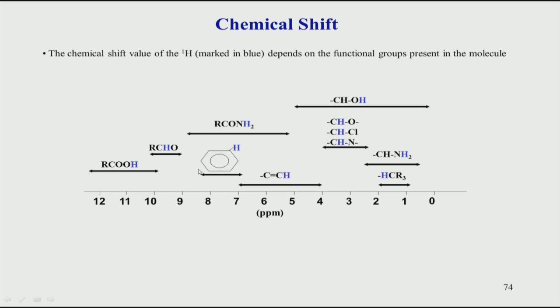So, looking at the peaks in these regimes in an NMR spectrum, one can very easily identify the different functional groups. This is only a limited set of functional groups which is shown here. As we go further, we will see more and more detailed analysis of more different functional groups.